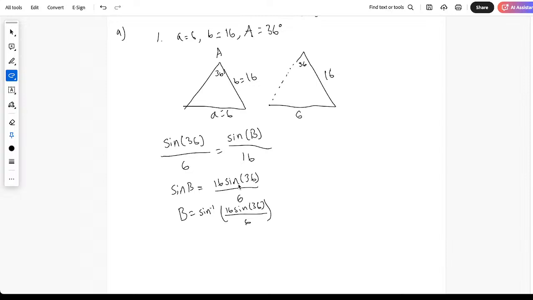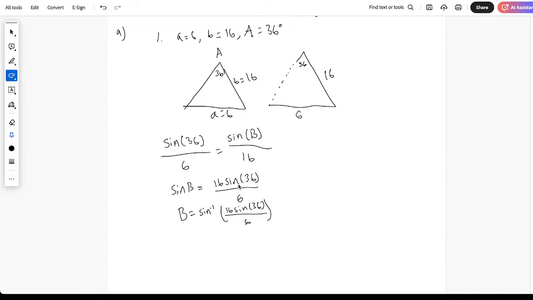Does that not work in the calculator? It just says domain error.